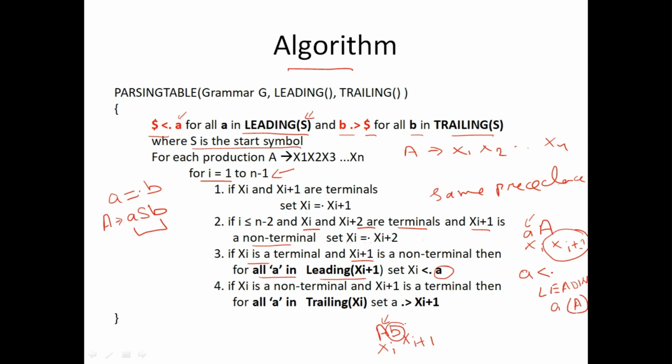Then for all A in trailing of xi, trailing of A will take precedence over xi plus 1, that is B. In the same way, we are going to construct the parsing table.